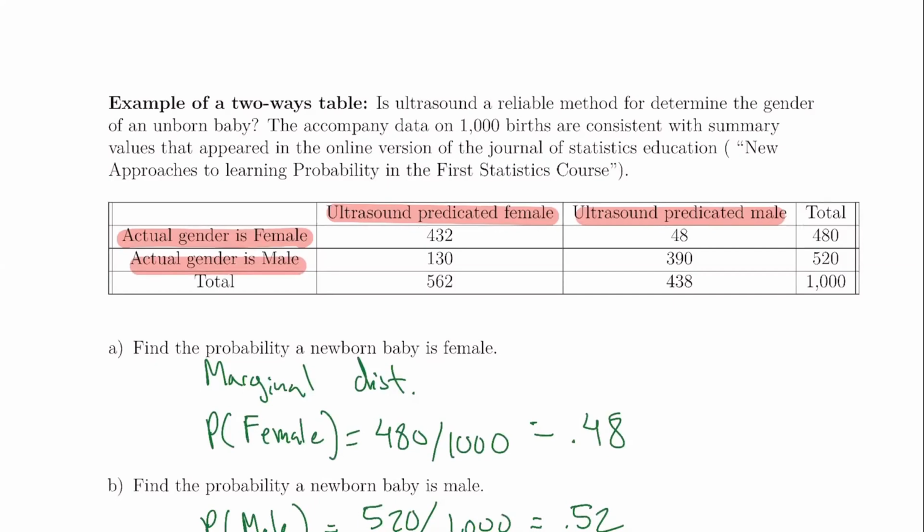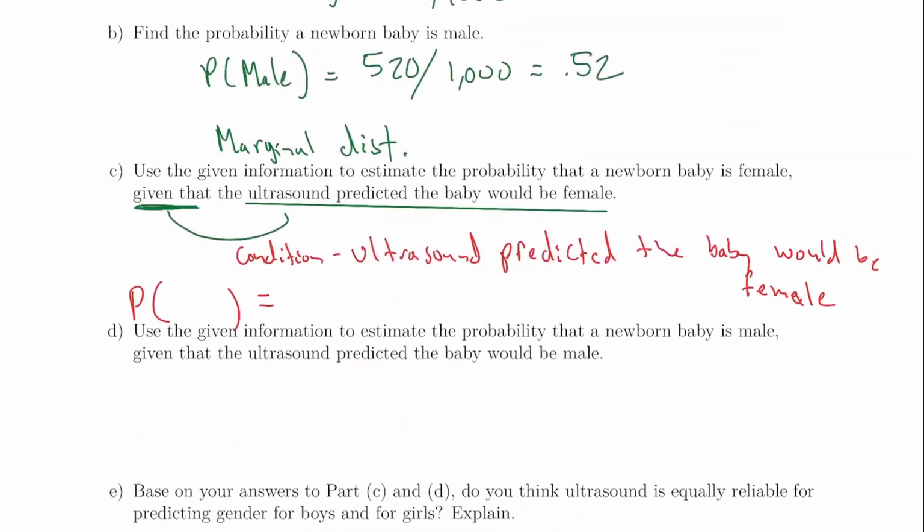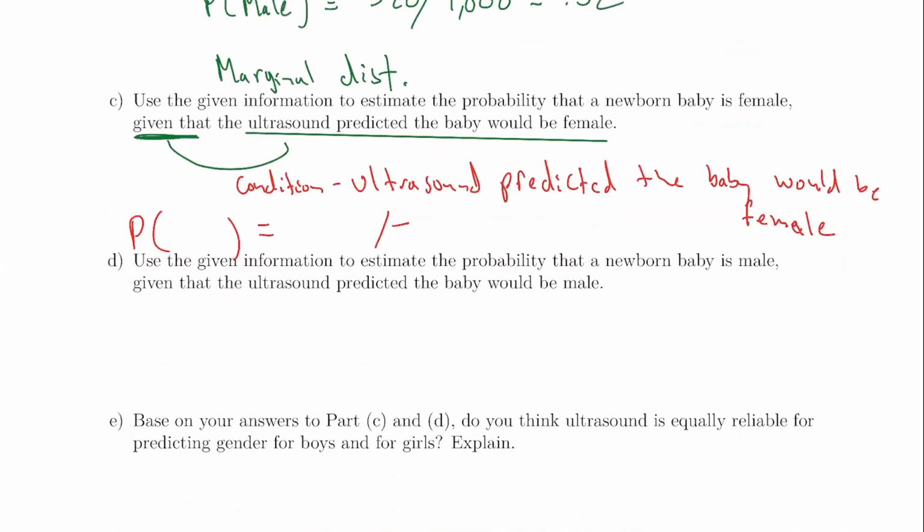The winner of that battle will be 562, because remember, we're looking for how many total babies were predicted to be female. For this one, we don't care if they actually turn out to be male or female. We just care about how many babies were predicted to be female based off of the ultrasound. So the 562, that's what we divide by.